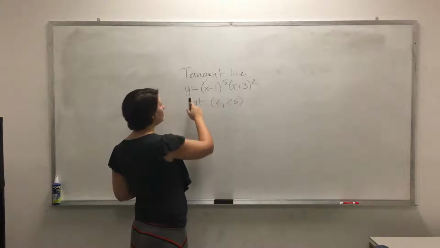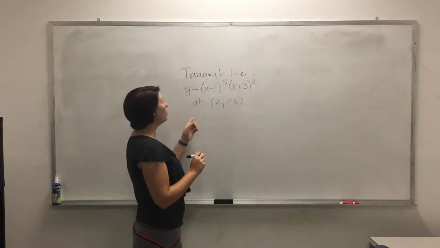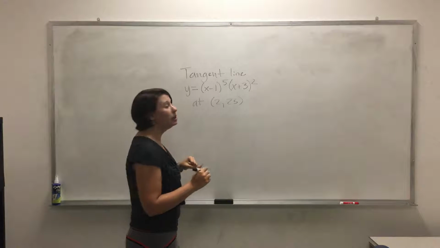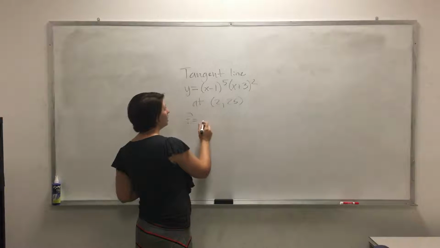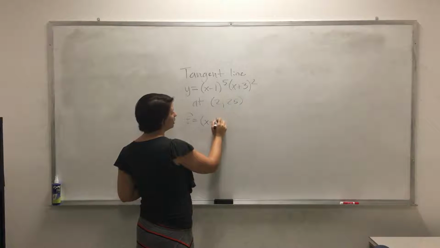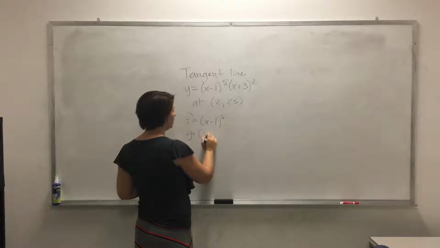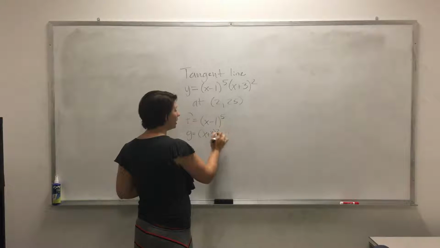So the derivative of this equation, well, an x quantity times an x quantity, that's a product rule. So f is the first portion, the (x minus 1) to the 5th. g is the second portion, the (x plus 3) to the 2nd.